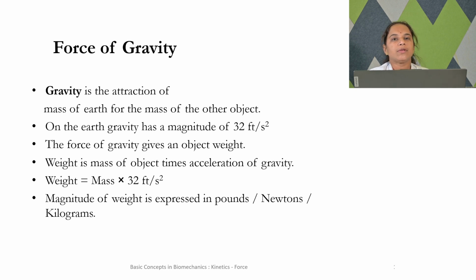The force of gravity gives weight to the object. The weight is the mass of object times acceleration of gravity. Weight is equal to mass into 32 feet per second square. The magnitude of weight is expressed in pound, Newton or kilogram.